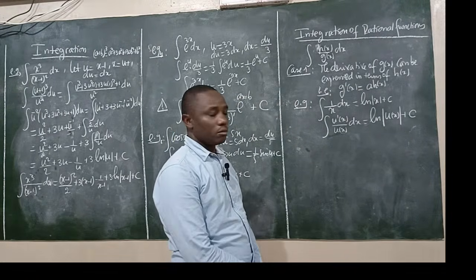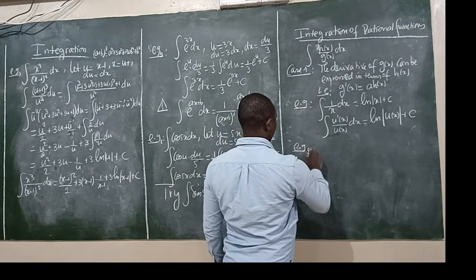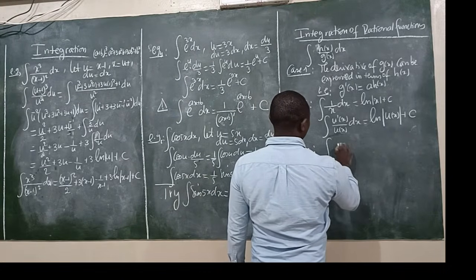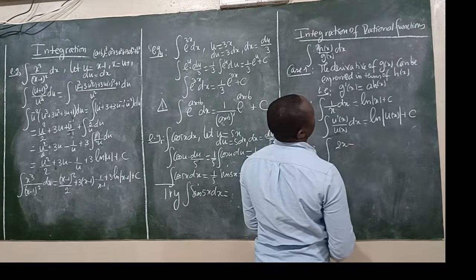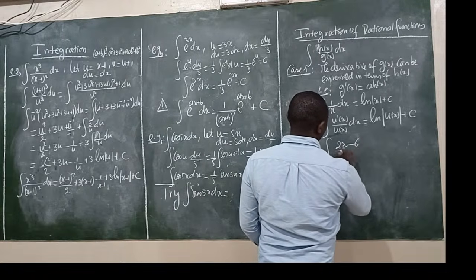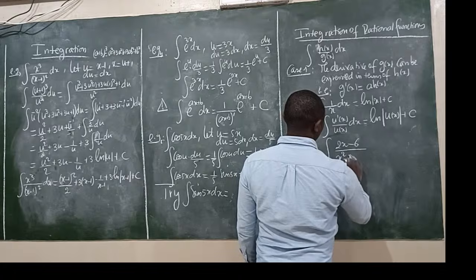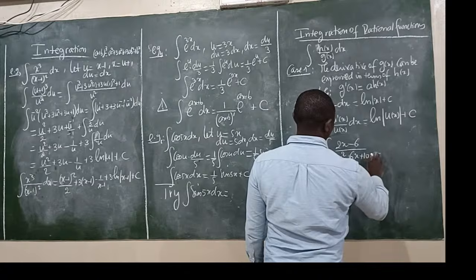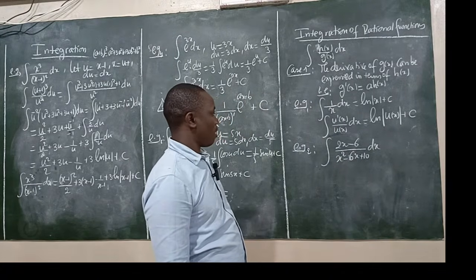Let's have some other two examples. Example 2: the integral of 2x minus 6 divided by x squared minus 6x plus 10 dx.